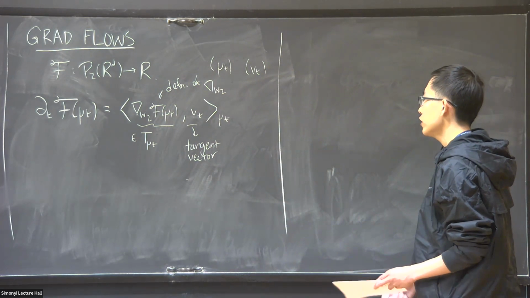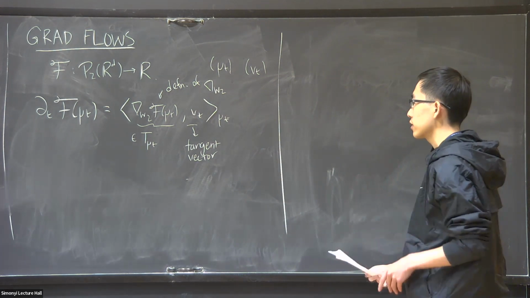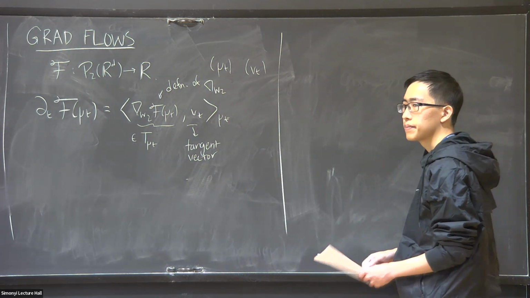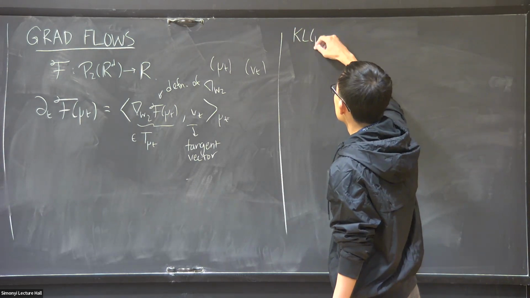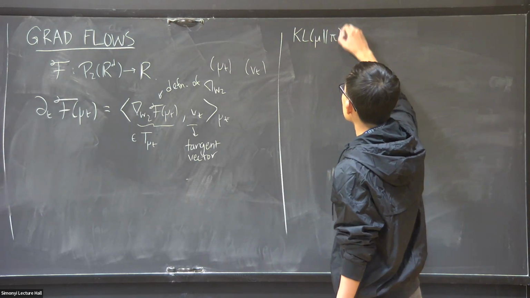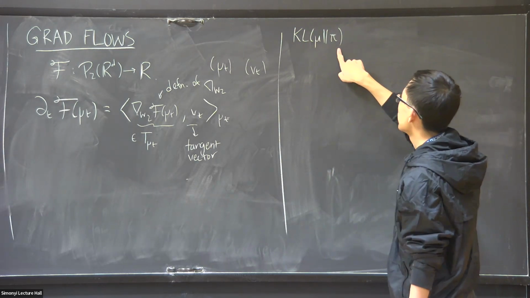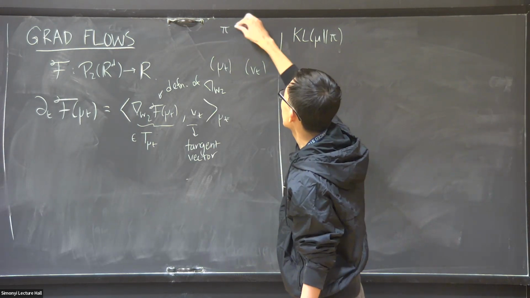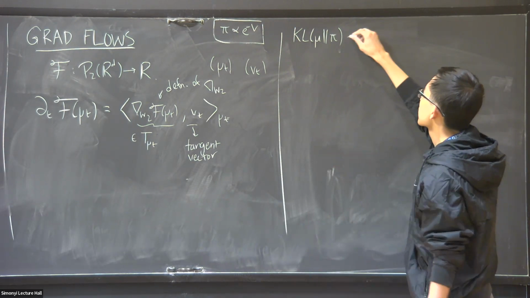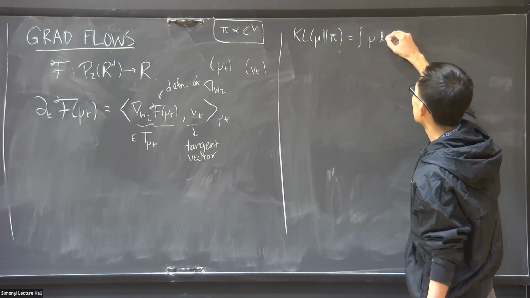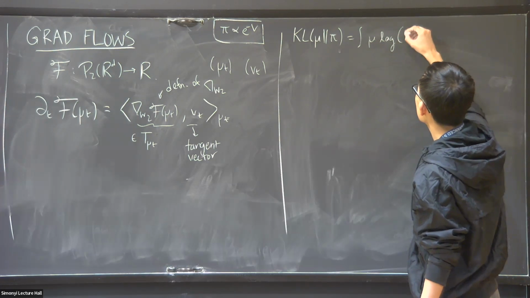Okay, so we're going to compute this Wasserstein gradient for the KL divergence. This is the function we're looking at, the KL divergence from mu to pi. Let's recall that pi is of the form e to the minus V, because we're going to use this. This is the integral of mu log of mu over pi.